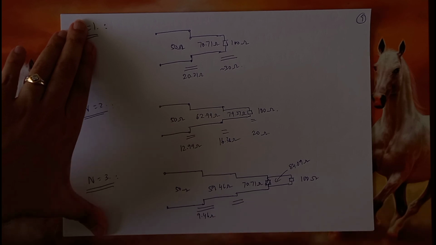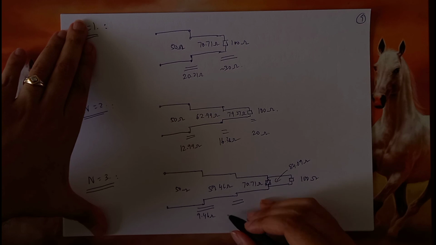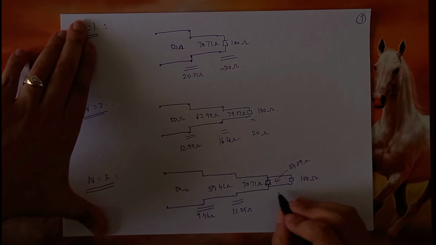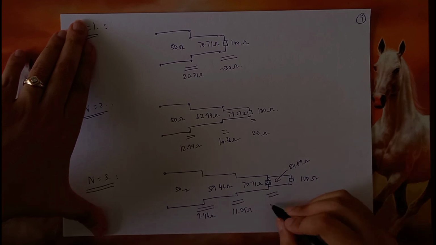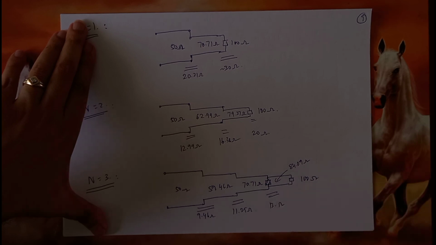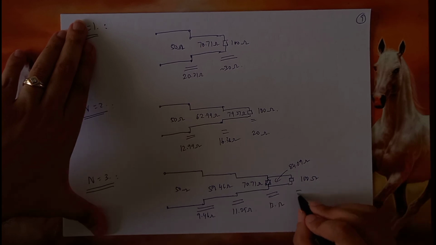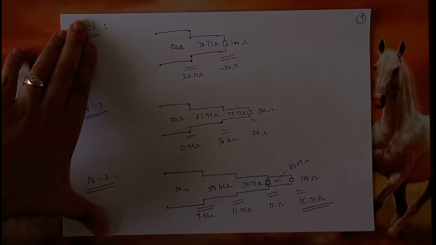The second jump is about 11.25 ohms. The third jump is 13 point something ohms. And the fourth jump is 15.91 ohms.